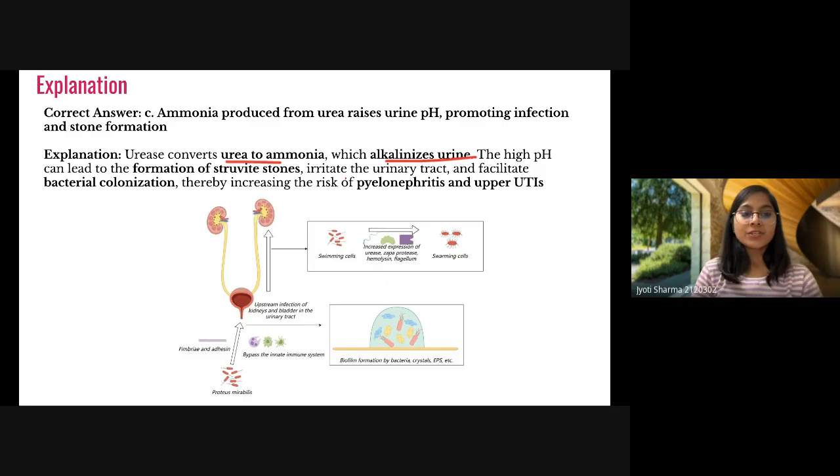This high pH can lead to the formation of stones that will irritate the urinary tract, and that will facilitate bacterial colonization, thereby increasing the risk of disease. So this is how it can affect the kidney.